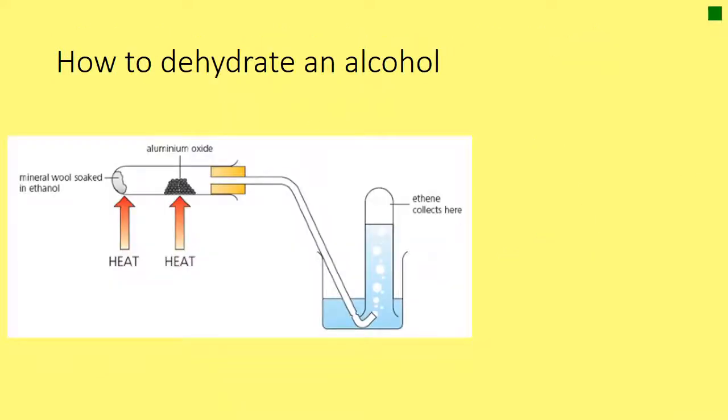So that was how to dehydrate an alcohol using an elimination reaction. What we're also going to have a quick look at is how to dehydrate an alcohol using thermal decomposition. And you'll have come across thermal decomposition before.